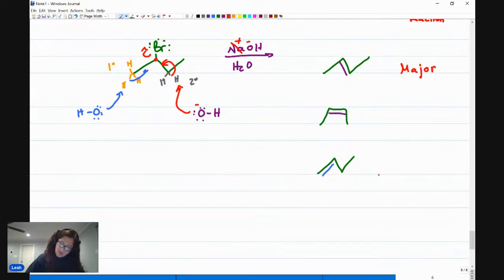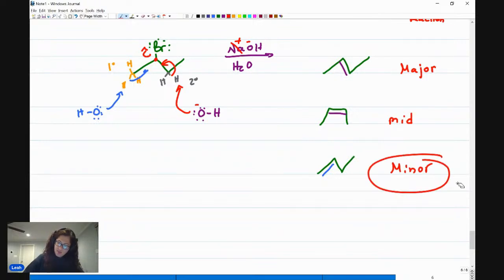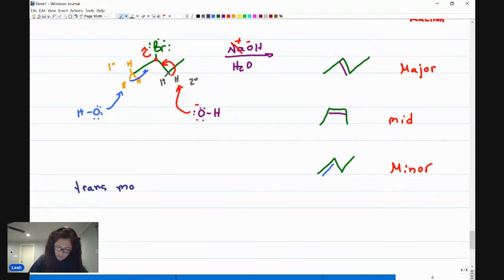And so this is the minor product, but remember that this one is less stable. Cis is less stable than trans because cis is very close together. Trans is far apart. Close together, far apart. And that makes this one the middle one in terms of stability, where this is the minor product. So just to have a note for you here, trans is more stable than cis.